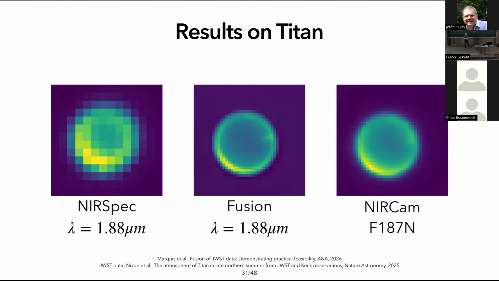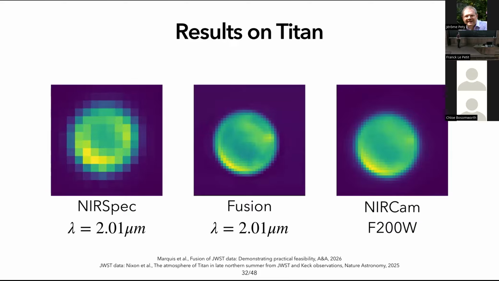And in the middle, you have the fusion, at the exact same wavelengths as NIRSpec. As you can see, we recover the spatial information of NIRCam with high fidelity, and this is also faithful to the NIRSpec image. Here we can see the atmosphere of Titan. And as we move along the wavelengths, we will see what appears.